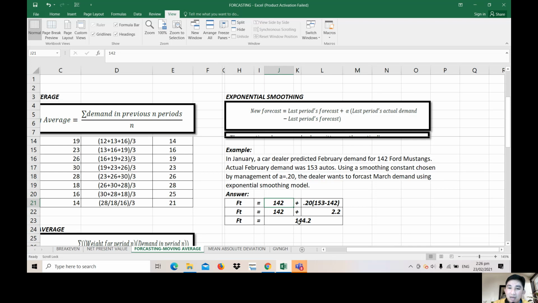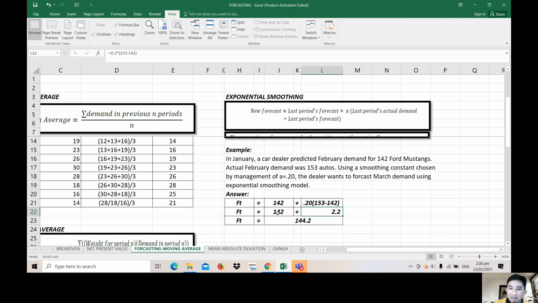So, 142 plus, before we multiply by the smoothing constant of 0.20, which is estimated by the management, let's get the actual demand data of February. The actual demand is 153. We subtract the last month's forecast, which is 142. The result will be multiplied by 0.20. So the result is 2.2.